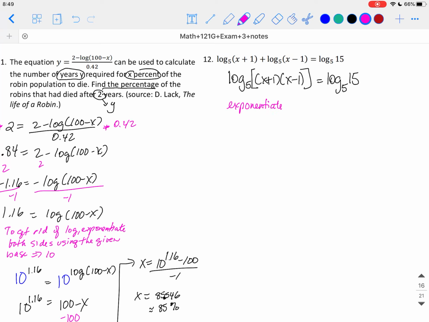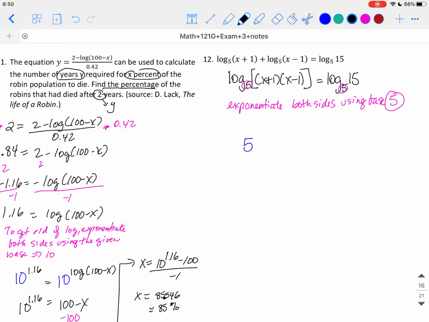And so exponentiate both sides using base 5. And that 5 again is because I have those 5s there.